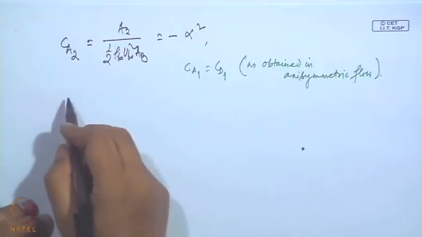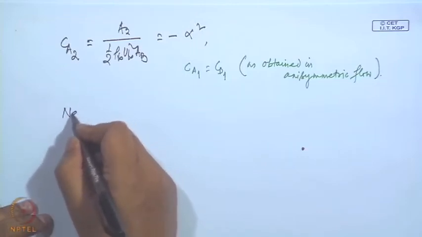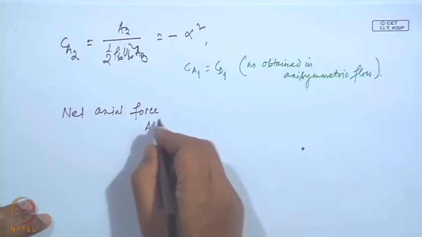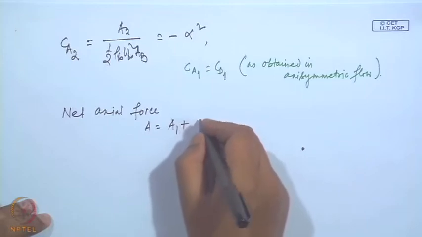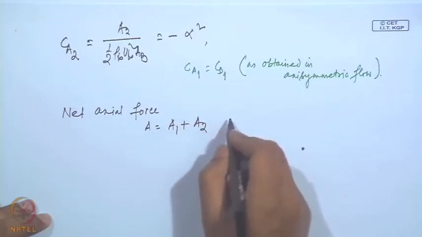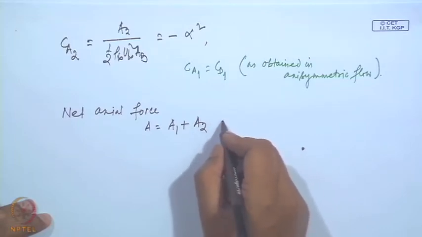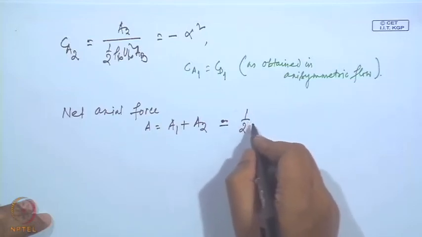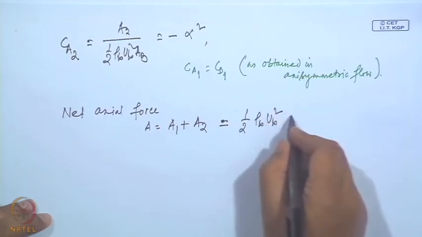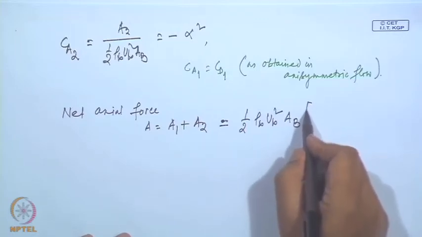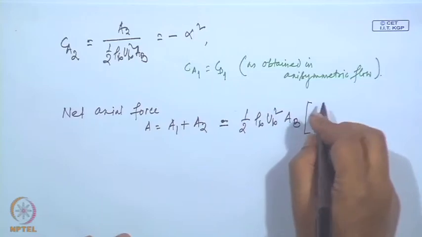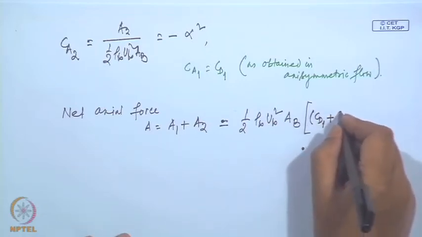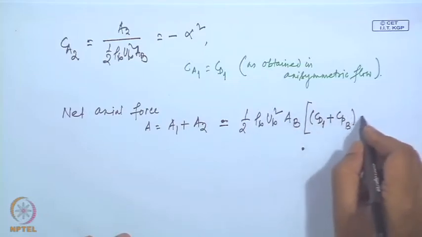So, the net axial force is A 1 plus A 2, which can be written as half rho infinity u infinity square A b into, as you remember, C d 1 plus C p b minus alpha square.